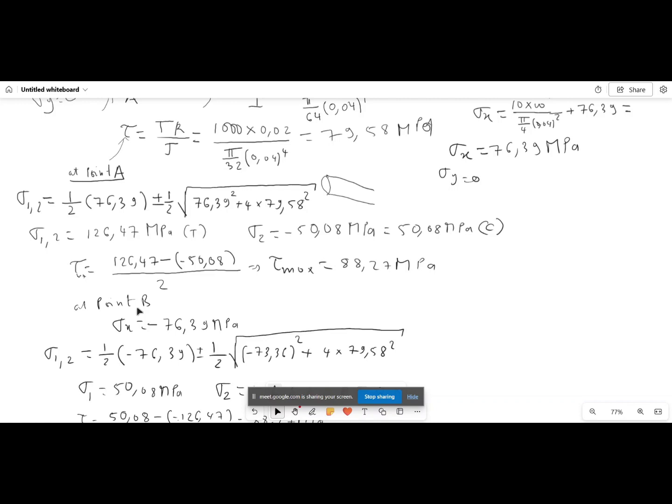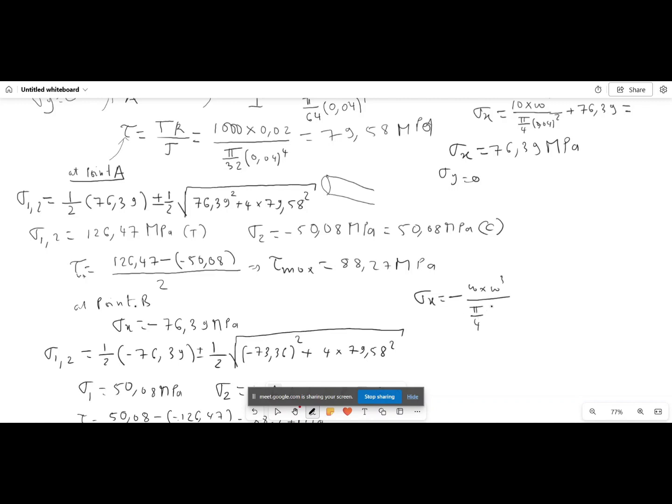Okay. At point B, what will be the rho x at point B? It will be minus now. So at point B, rho x will be minus, which is 10 times 10 to the power 3. You can always calculate the side to avoid writing like this.